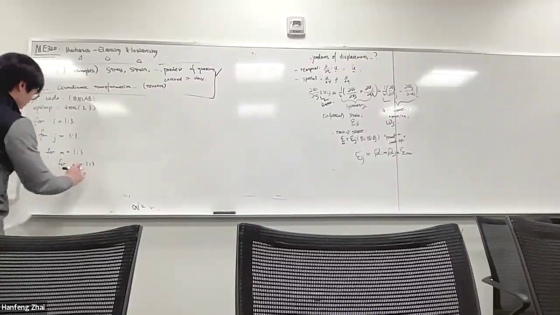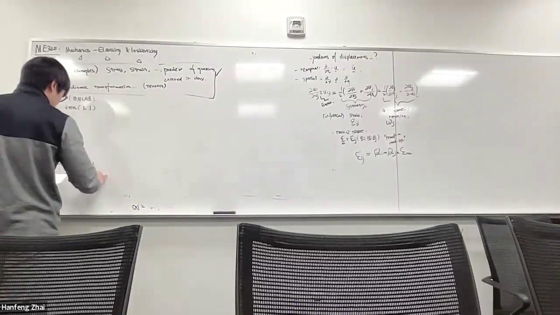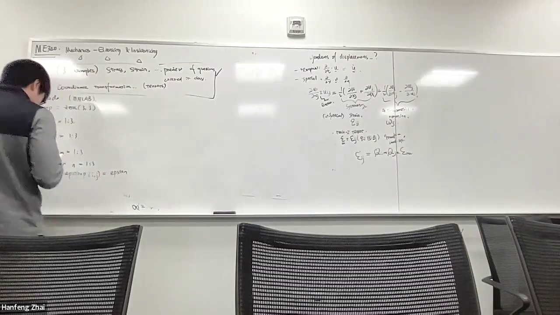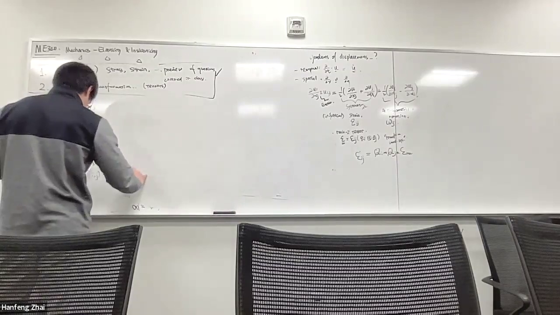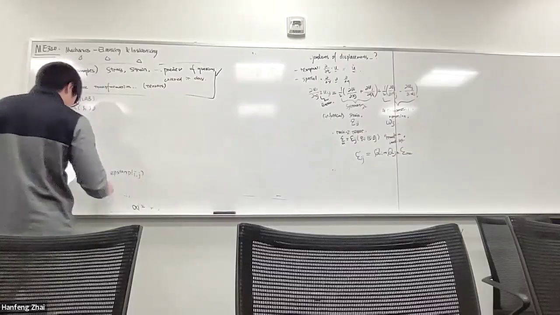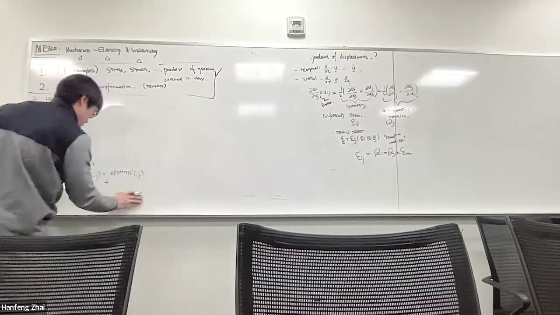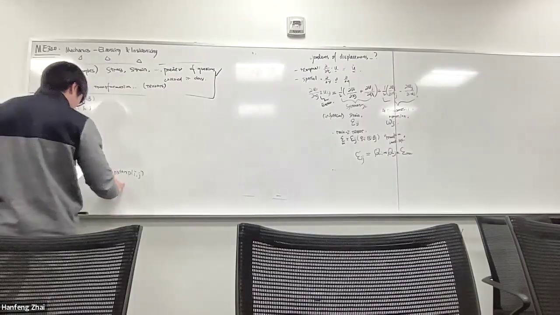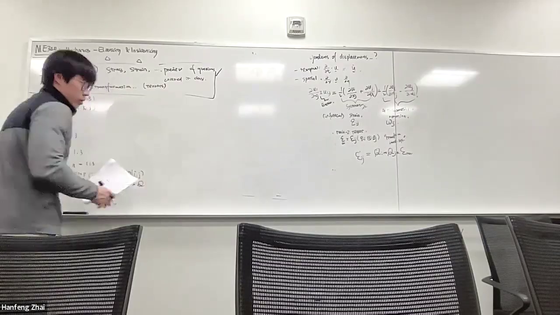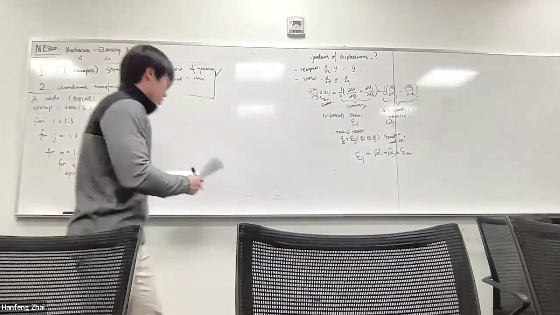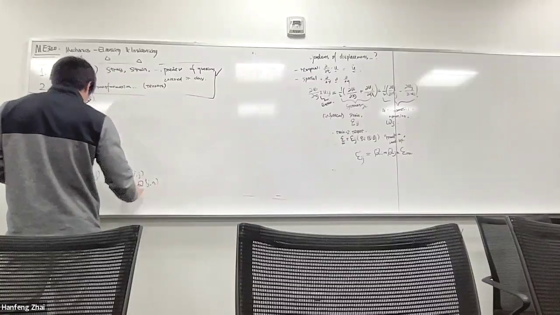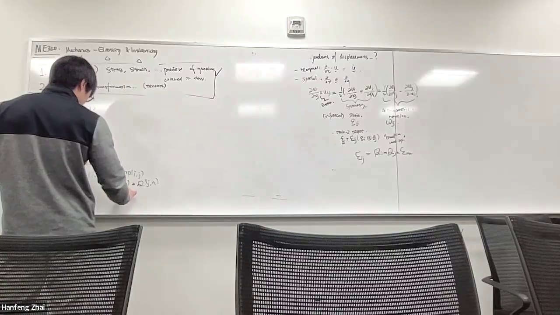Epsilon prime ij equals epsilon prime ij plus q im times, because we're applying the rotation matrix twice, q jn epsilon mn.